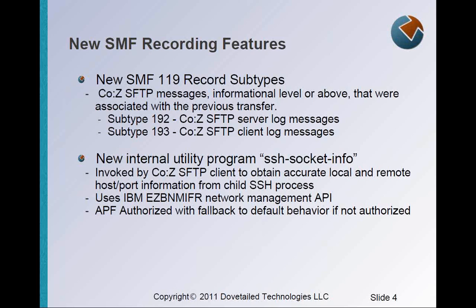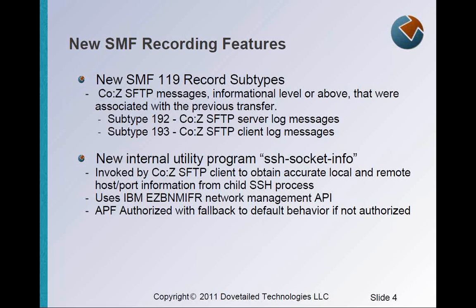One of the changes that we've made is that we've added to our SMF recording. I should point out that COSI has had SMF recorded for quite some time, and we record FTP-style SMF records, 119 records, subtype 3 for the client, subtype 70 for the server.